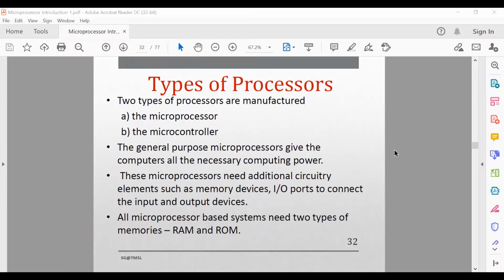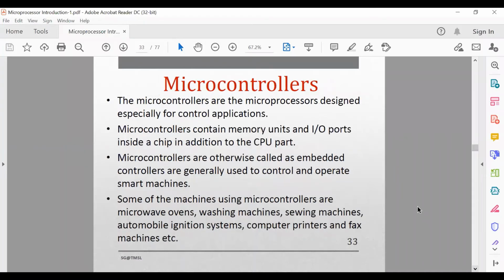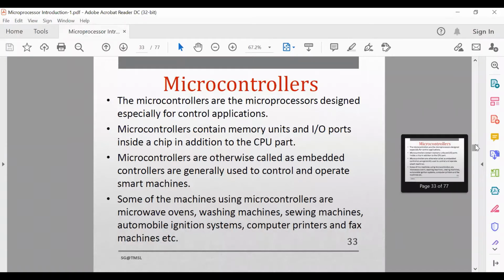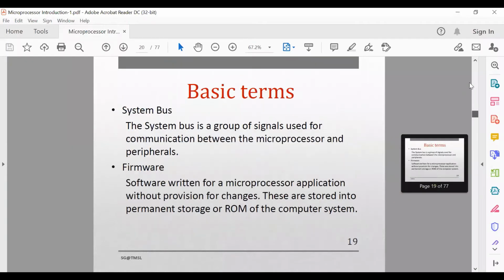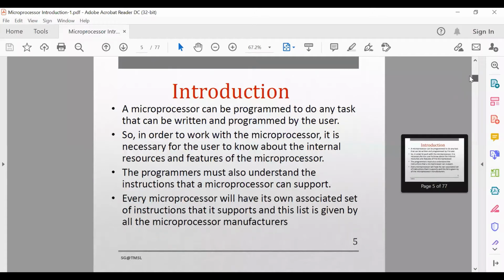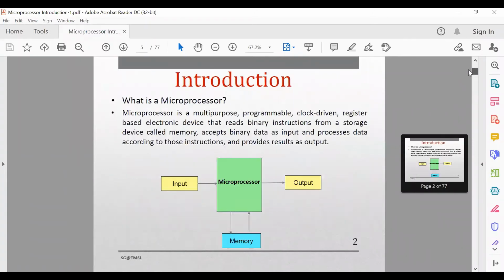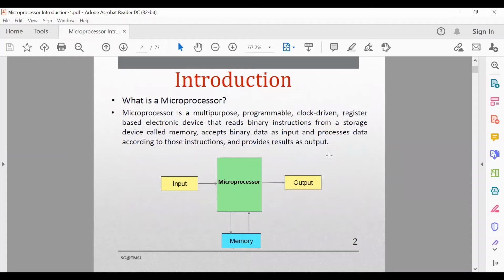So what is the microcontroller? That was the microprocessor. Now what is a microcontroller? Let me show you that microprocessor based diagram. Yes, this one.